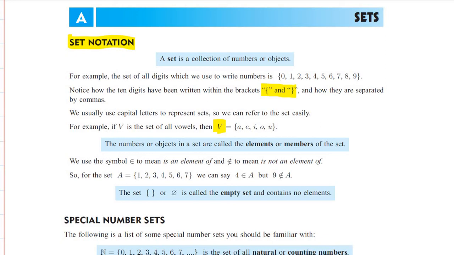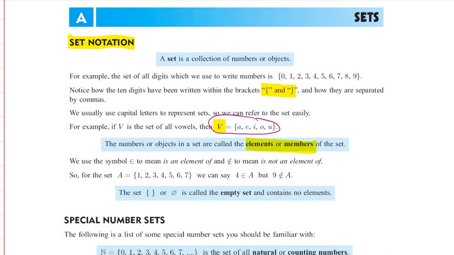Sometimes it's a Greek symbol or some other sort of symbol. The numbers or objects in the set are called the elements or the members of the set. So if we look at this example here, this is the set of all vowels, and so A, E, I, O, and U are all considered members of that set.